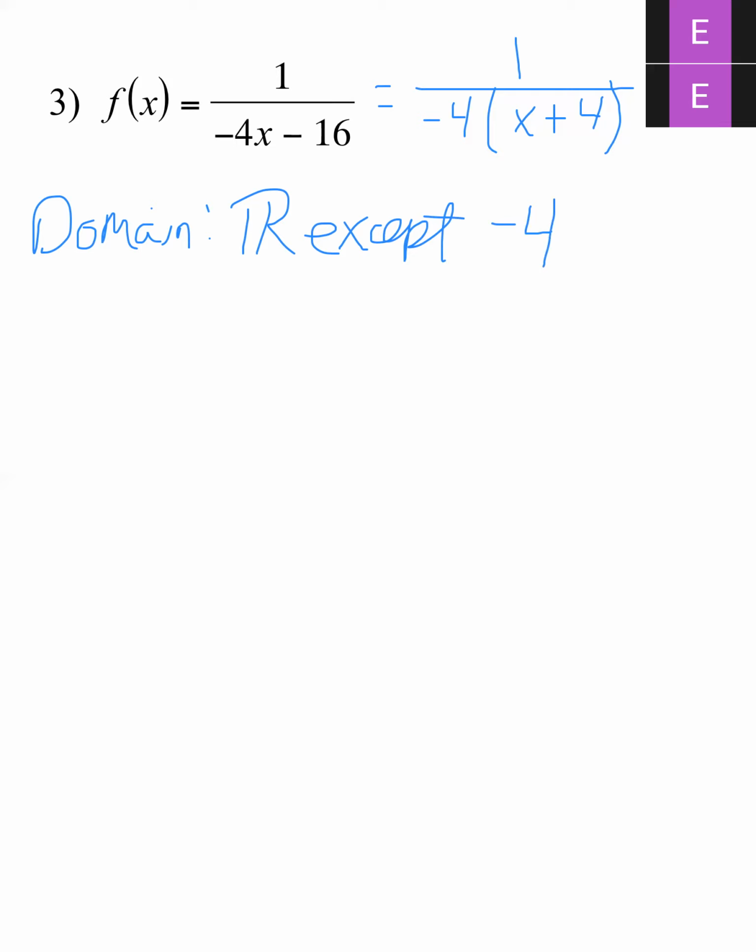Next, we're going to talk about if there's a hole. Holes only happen when a factor gets canceled, right? And this one, again, doesn't have any. When I go to cancel these, there isn't anything to cancel, so there are no holes. None. Okay, next up, the vertical asymptotes.